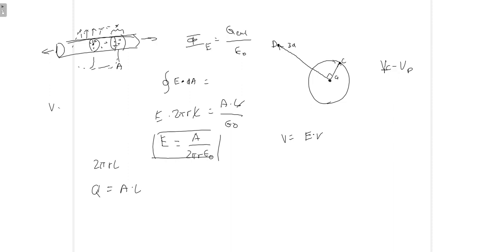We can find Vc. We know the electric field, and the electric potential is just the electric field times the distance. So Vc is equal to lambda over 2 pi r. And then at 3a, Vd will be lambda over 2 pi 3a.